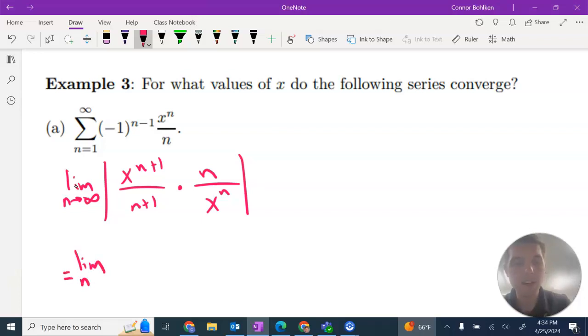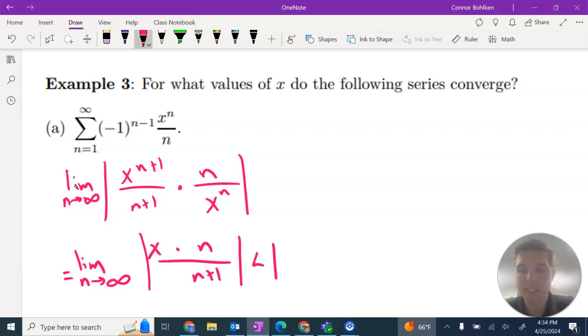So we have the limit as n approaches infinity of x times n over n plus 1. And that's got to be less than 1 for this thing to converge. So based on our horizontal asymptote rules, essentially this says x has to be less than 1. You would get the absolute value here.